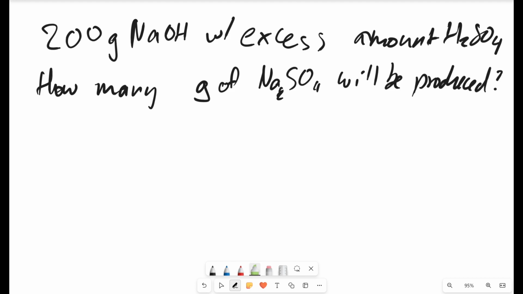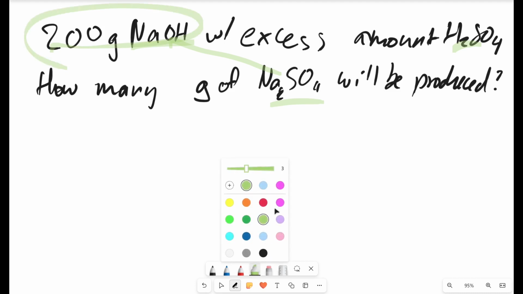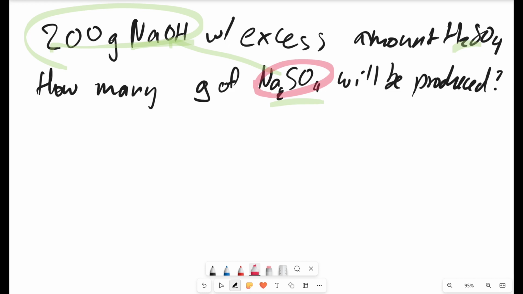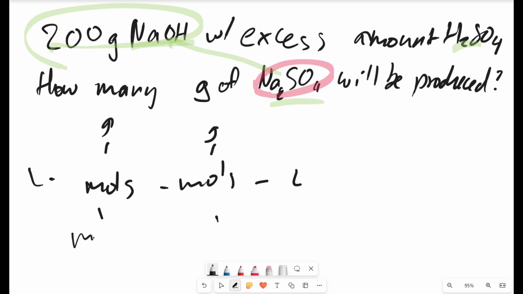Well, how many chemicals are we using? It looks like we have 3 chemicals, but really we're only going between 2 chemicals. This is our start condition, and this is our end condition. So this is going to use that weird Frankenstein kind of roadmap, where we go moles to moles, connected by moles to moles, and we go to grams, liters, and moles. Let's trace out how we're going to go.